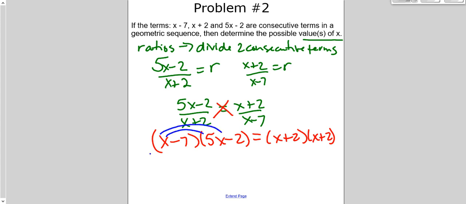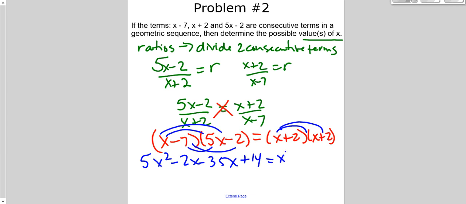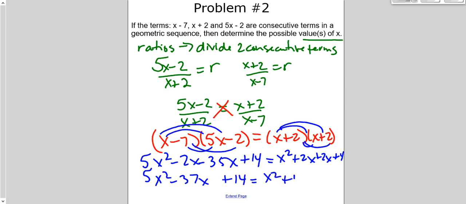So we're going to multiply, so that gives me 5x squared minus 2x minus 35x plus 14 equals x squared plus 2x plus 2x plus 4. So 5x squared minus 37x plus 14 is equal to x squared plus 4x plus 4.